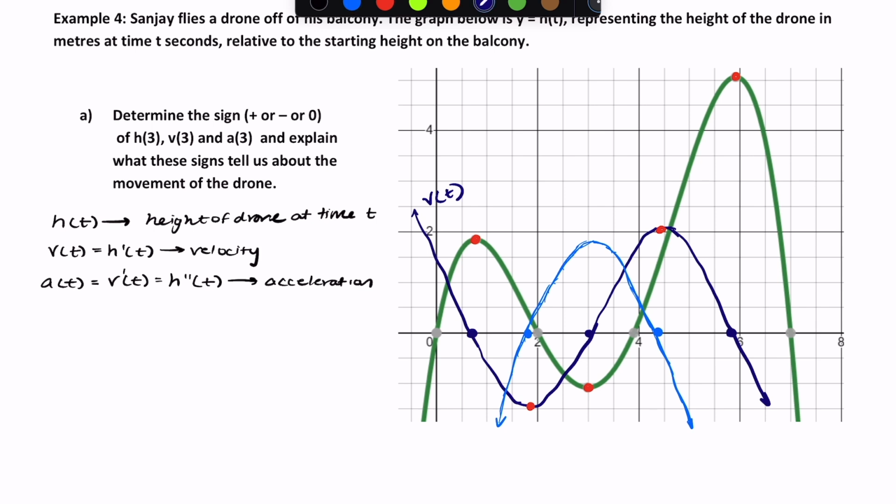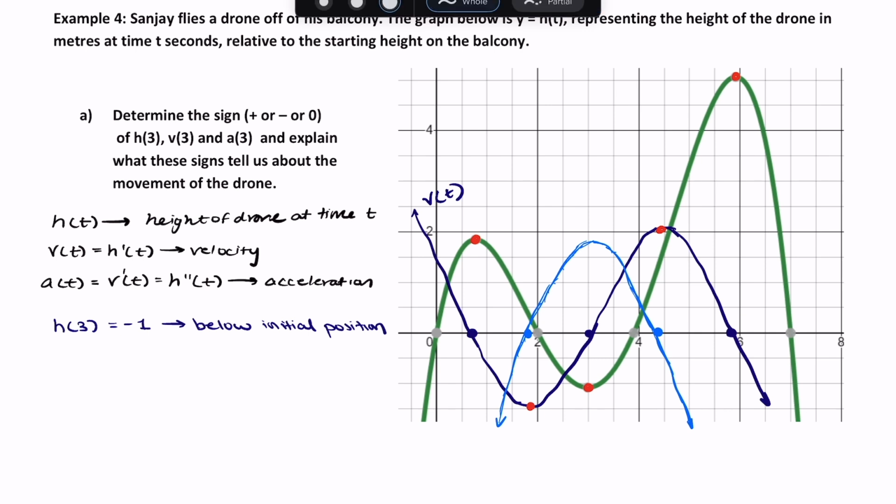So h of 3, that's when time is equal to 3, and that will be at -1, and that is below the initial position. Okay, so here h of 3 is equal to -1.